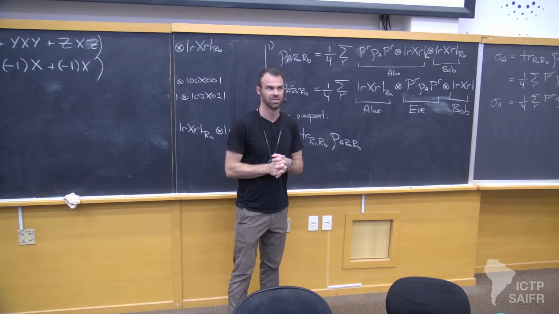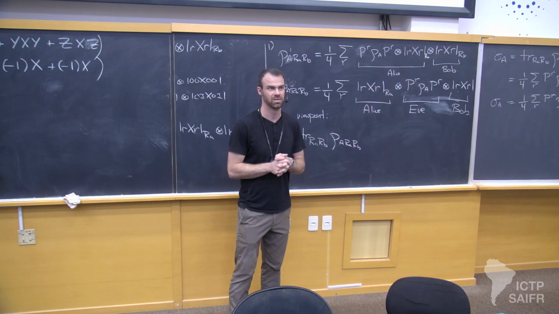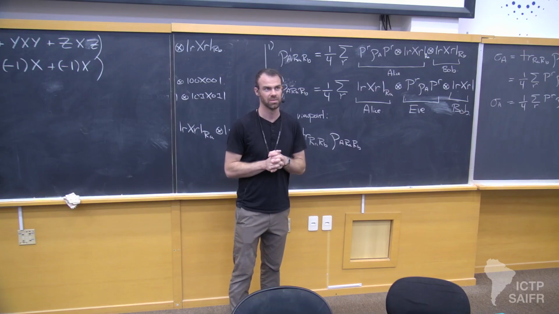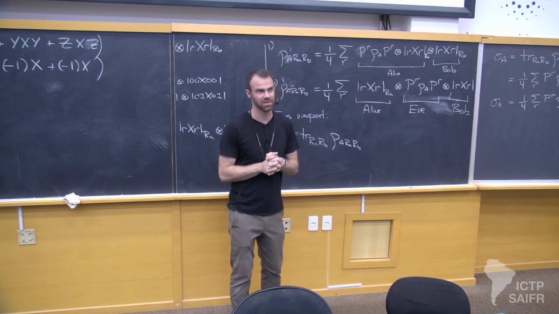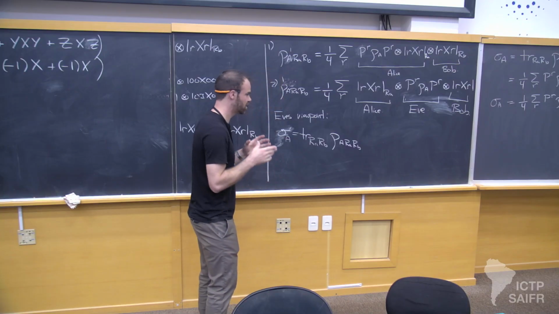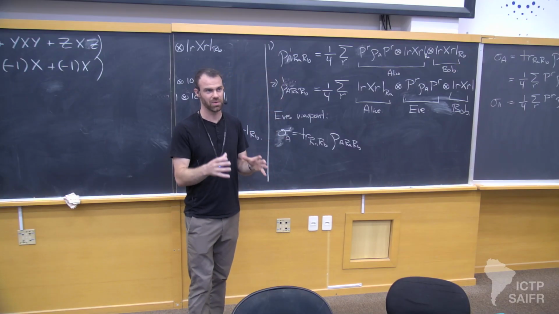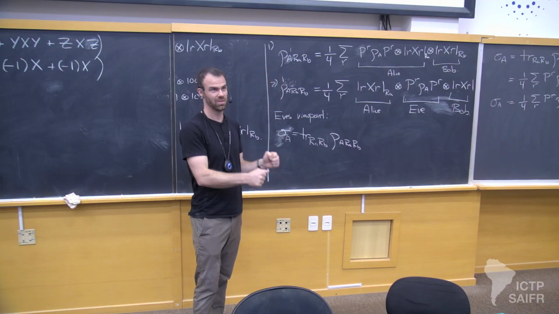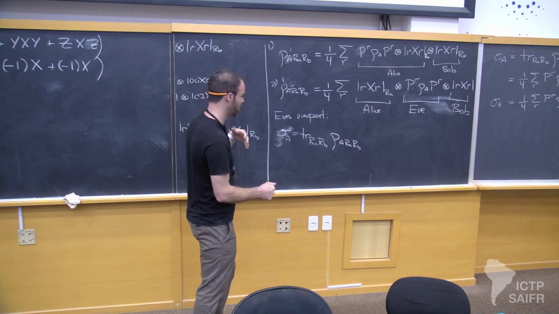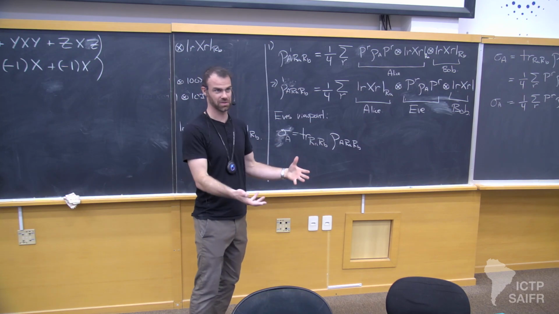But what does the trace mean in this context? Can we relate it to some physical meaning? Okay. So if you want to think about a physical process that corresponds to taking the partial trace, what you should think of is throwing some systems in the garbage.